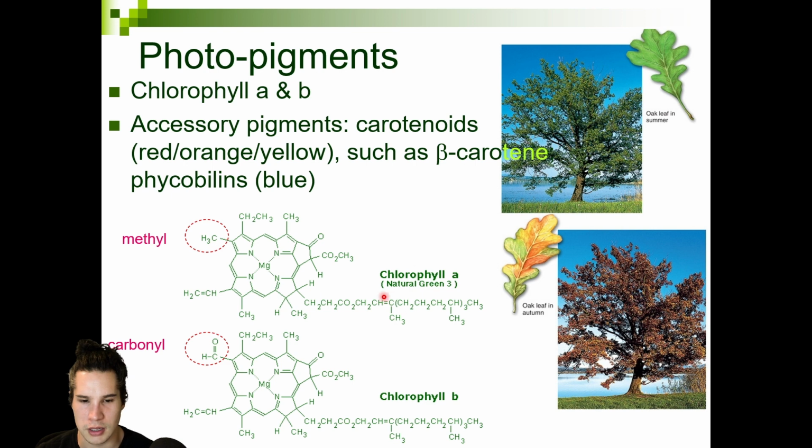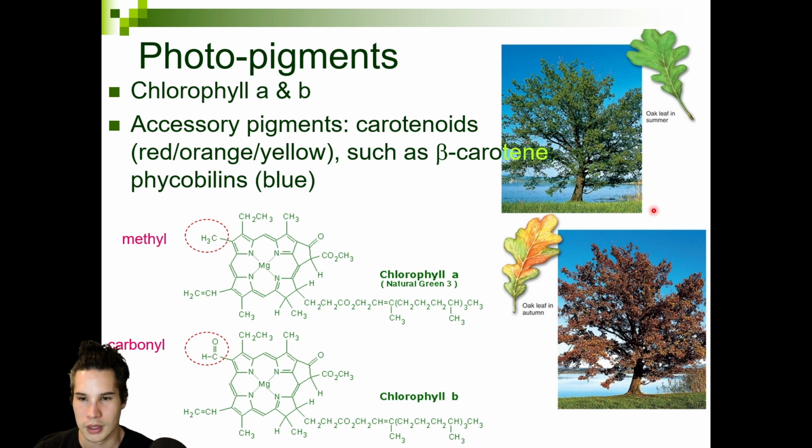They're going to be slightly different in color due to this small difference. We typically associate chlorophyll A with the reaction center of a photosystem, which we'll talk about later. Chlorophyll B is generally considered to be an accessory pigment.